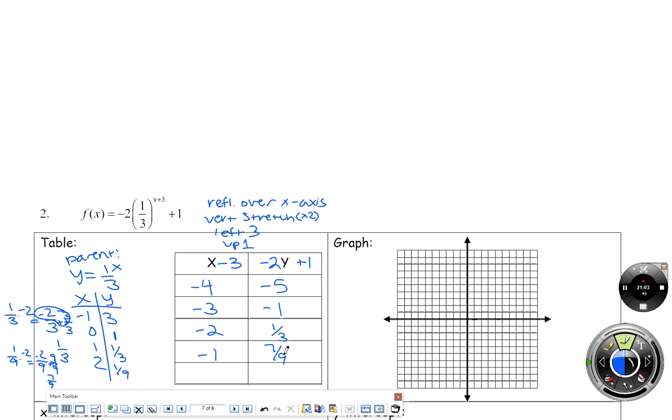And then our asymptote was normally at y equals 0, is now going to be, because of this plus 1, at y equals 1. So I'm going to put my asymptote at 1. And then I'm going to plot the points, and hopefully they correspond well with this. So negative 4, negative 5. I'm going the wrong way.